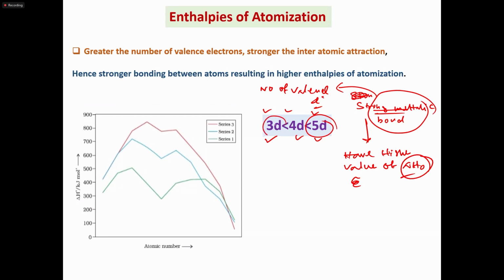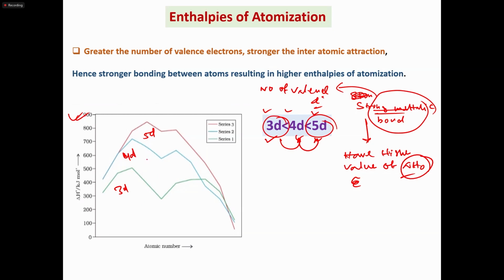That's why the 3d elements have lower enthalpy of atomization values compared to the 4d series and the 5d series. You can see this curve is for the 3d, this is for the 4d series, and this is for the 5d series.